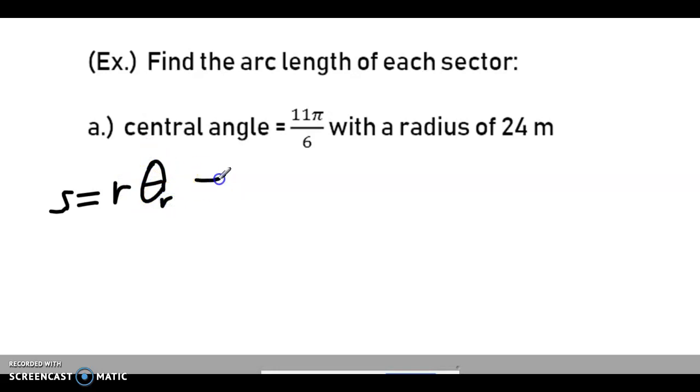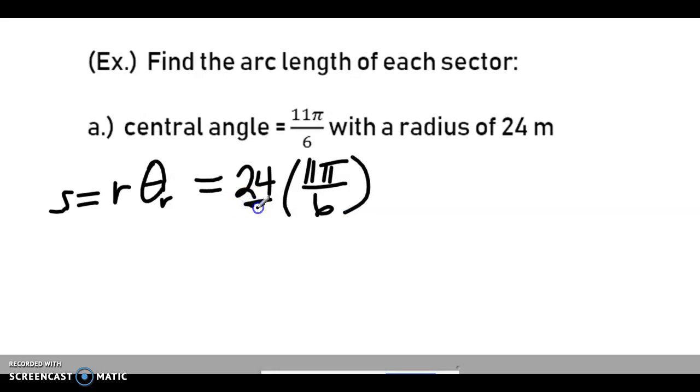So we have our radius is 24 meters. We don't need to do any converting because that's the only unit of measure that we have for length right now. So 24 times theta in radians, so we would put that as 11 pi over 6. Then we'll want to reduce that.